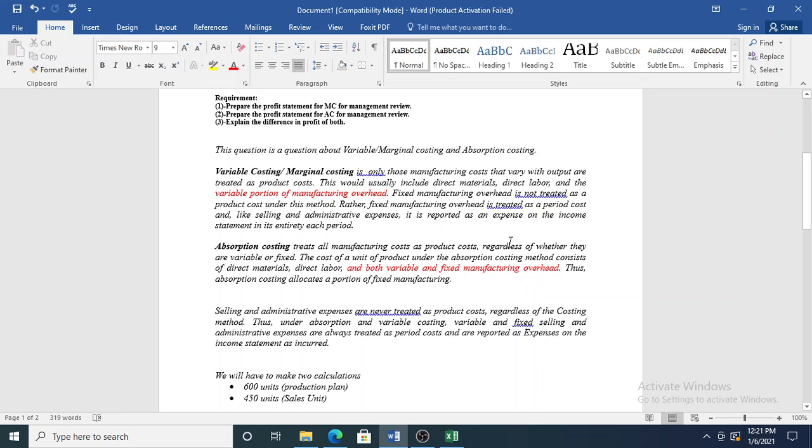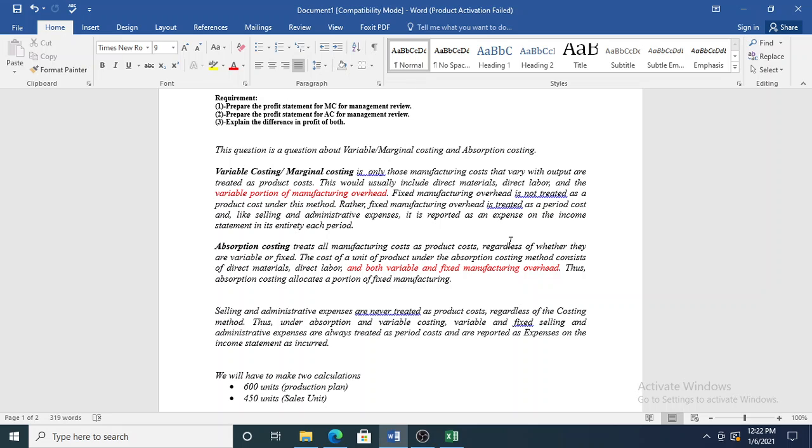Variable costing, which is also known as marginal costing, is an income statement making method, or a costing method, that uses manufacturing costs that vary with output. So these are variable costs. It uses these variable costs as product costs.